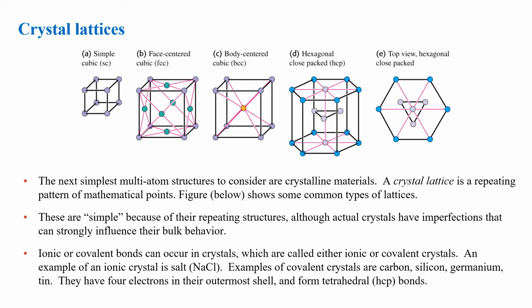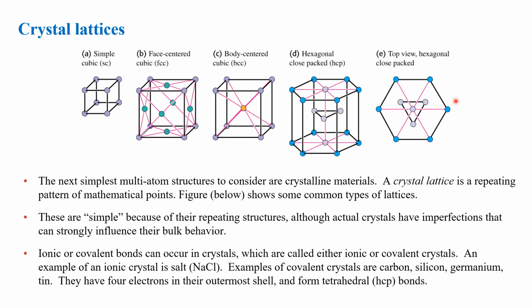Under crystal structures, you have crystal lattices. This is the next simplest multi-atom structure to consider for crystalline materials. A crystal lattice is a repeating pattern of mathematical points, like in this figure here, which shows some common types of lattices.